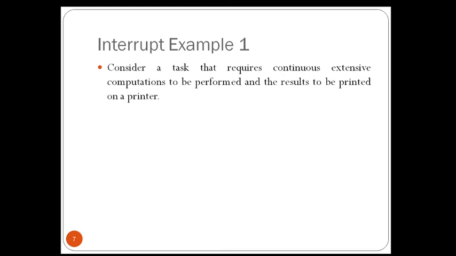Let us assume that compute produces a set of n lines of output to be printed by the print routine. The required task may be performed by repeatedly executing first the compute routine and then the print routine.